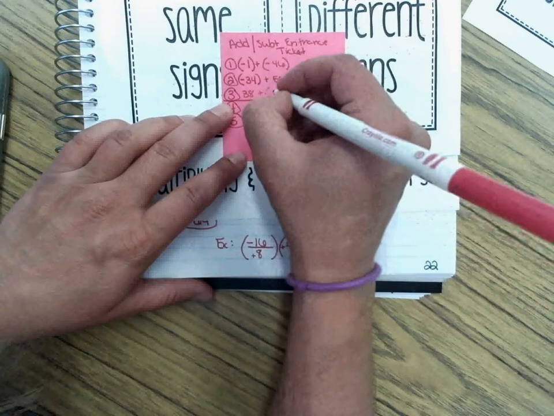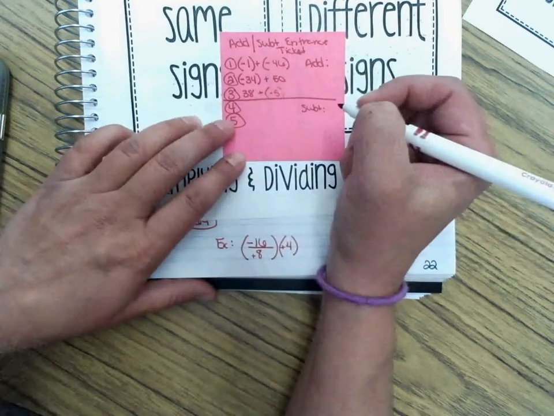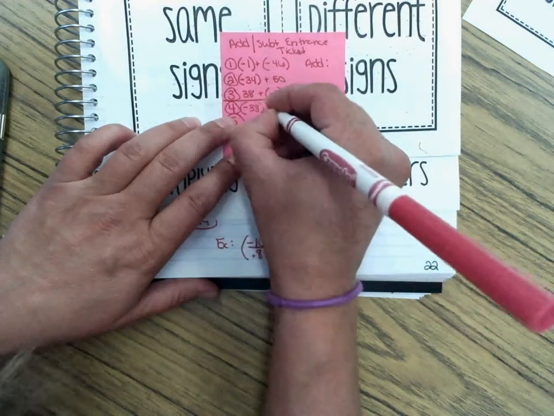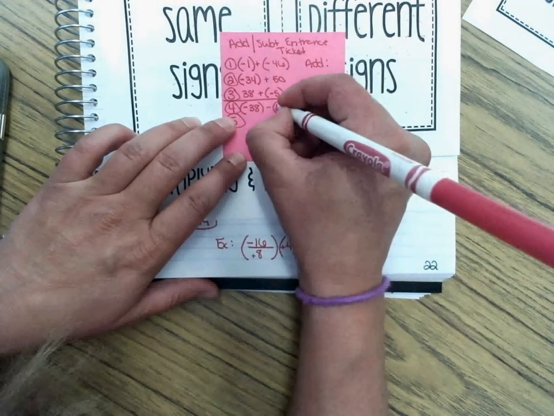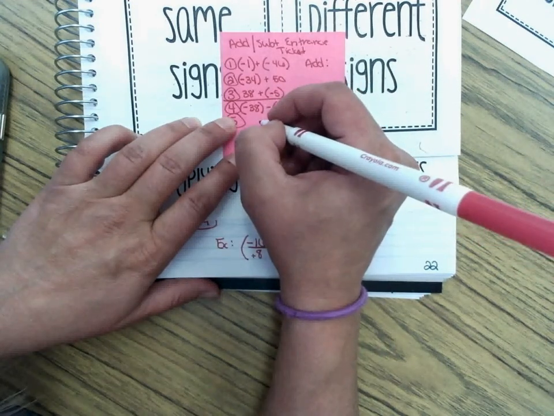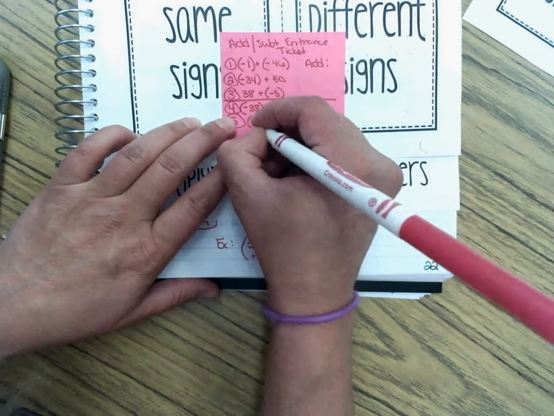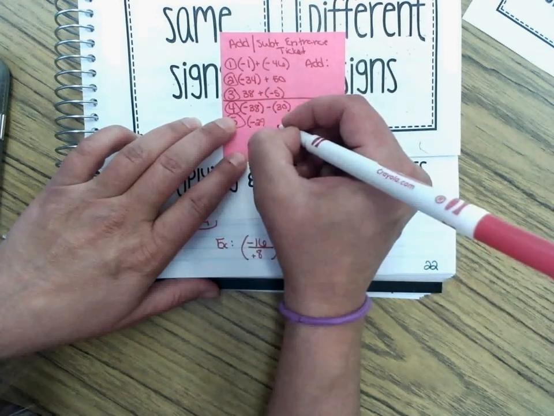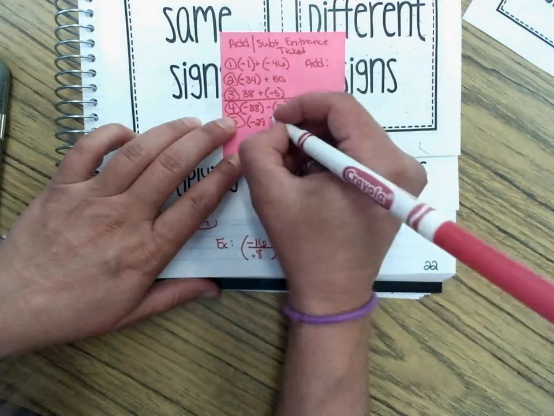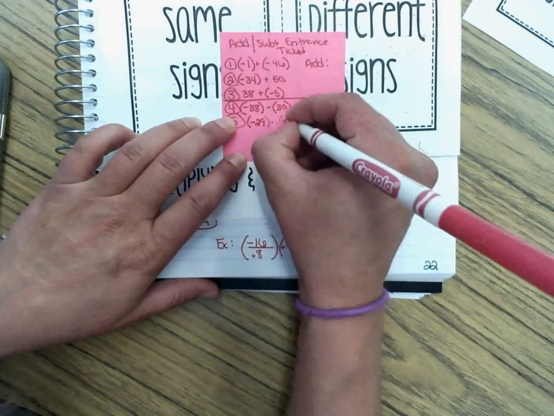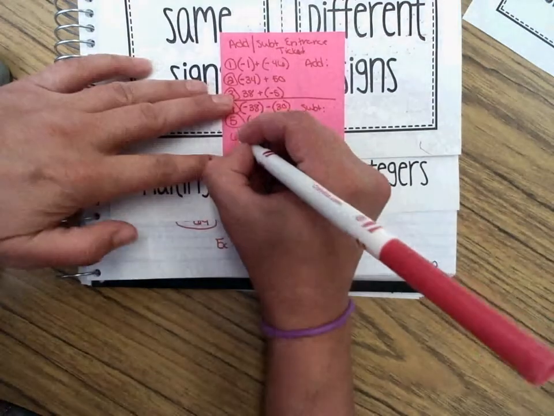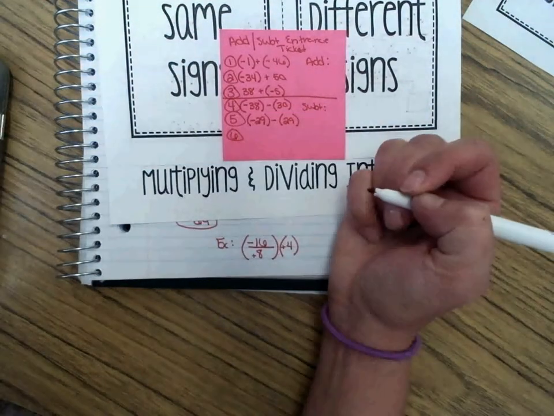My third one is going to be 38 plus negative 5. This one we have negative 38 minus 30. And then this one we're going to have negative 29 minus 29. Okay?